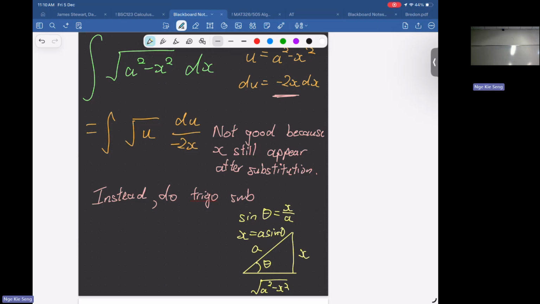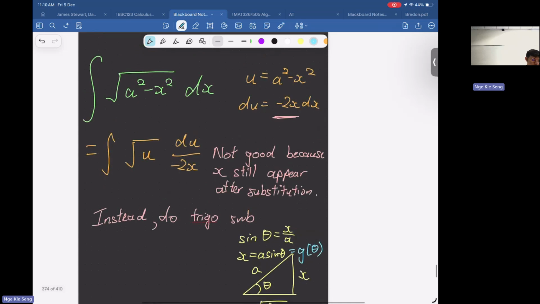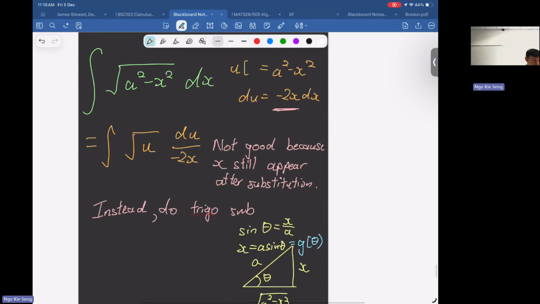Does it make sense or not? Because this one, you write it in terms of some function in theta. Previously, you were just combining the function in x. Okay, so this is the difference. Howran, this is what you have been talking with me last time.